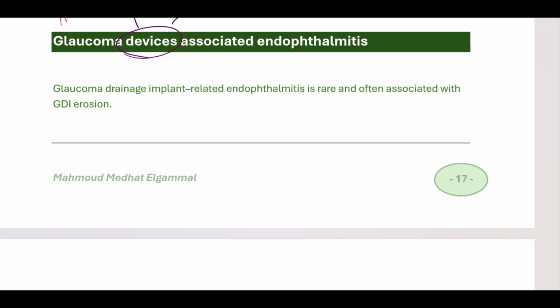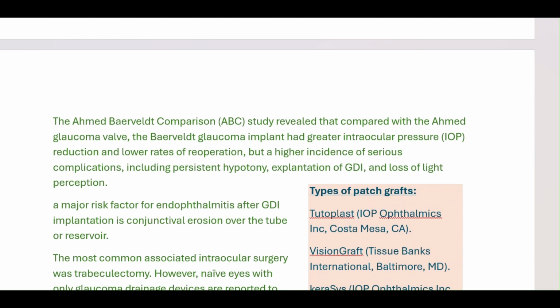There is a study called the Ahmed-Baerveldt comparison study, and this proved that the non-valved devices like Baerveldt have a higher lowering effect on the intraocular pressure. Ahmed valve usually required post-operative topical medicines to control the ocular pressure to the desired level.